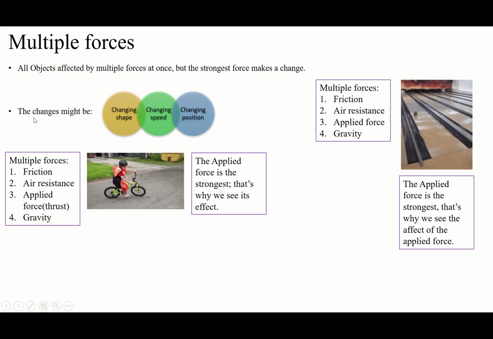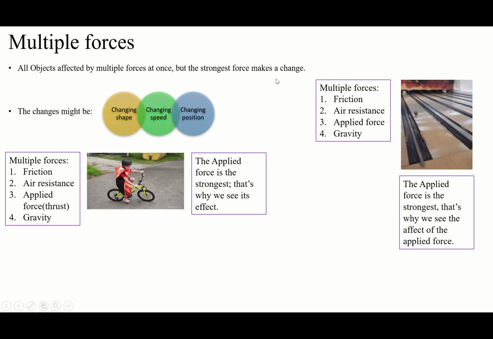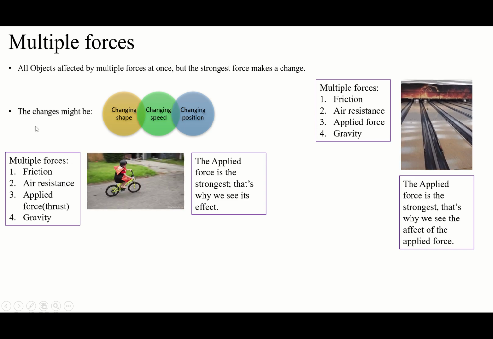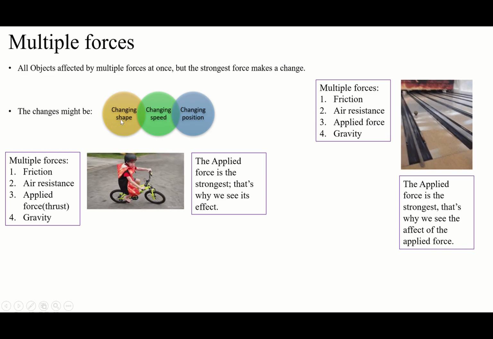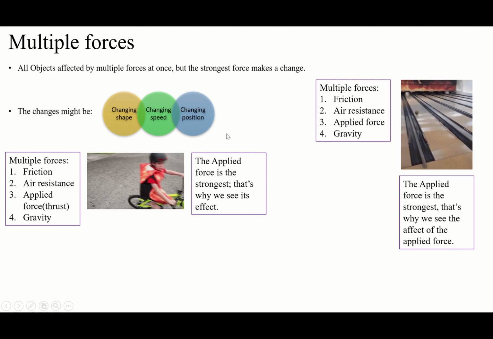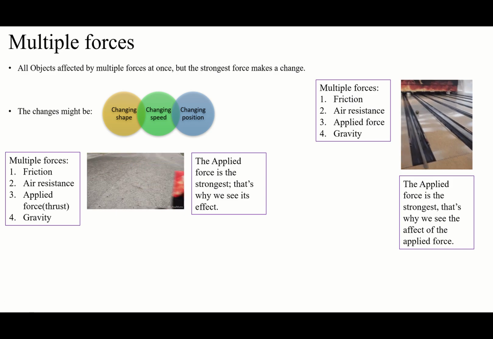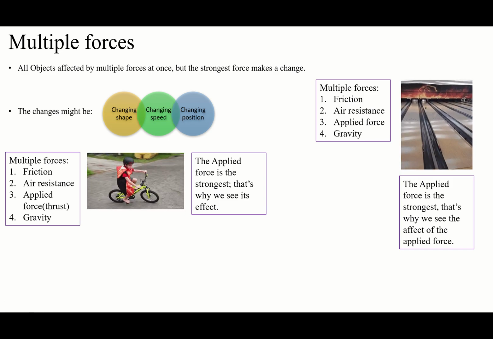Okay. So what do you mean when you say it makes a change? I mean the change might be changing shape, changing speed, or changing position. So we have different kinds of change.